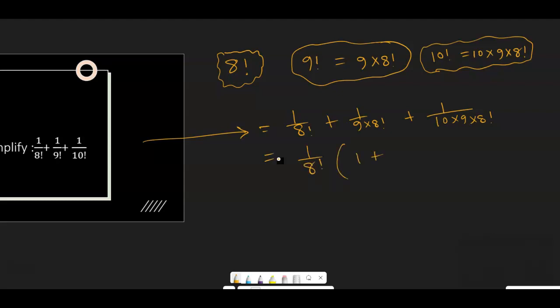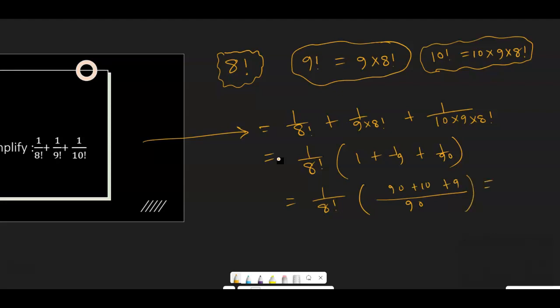The result will be this plus 1 by 90, or 1 by 8 factorial, you take 90 as common here, it will be 90 plus 10 plus 9.